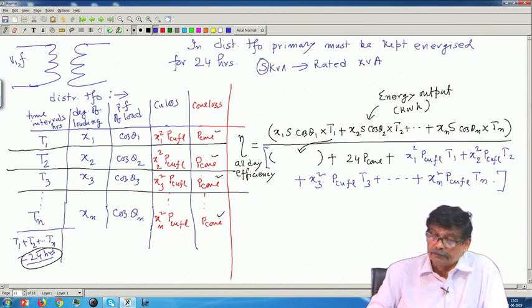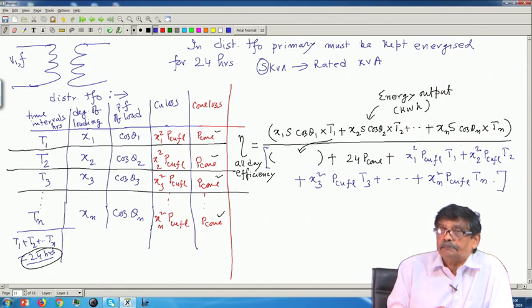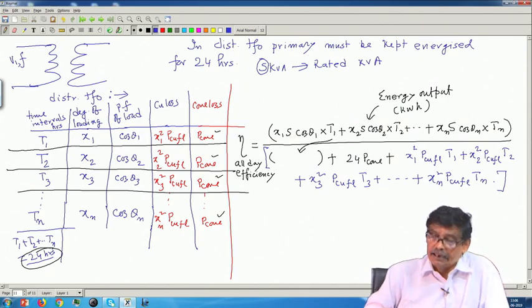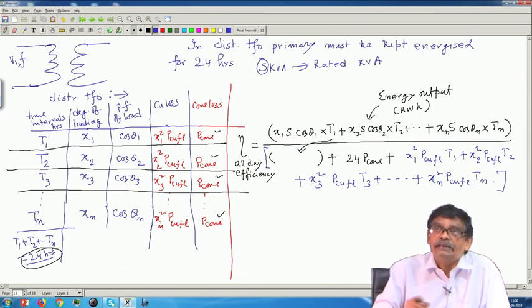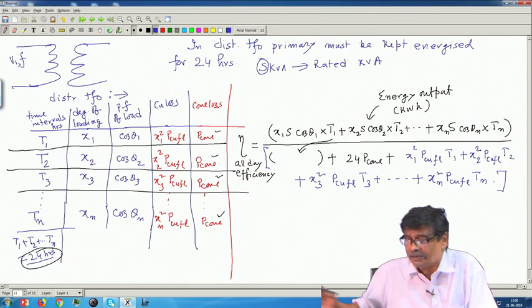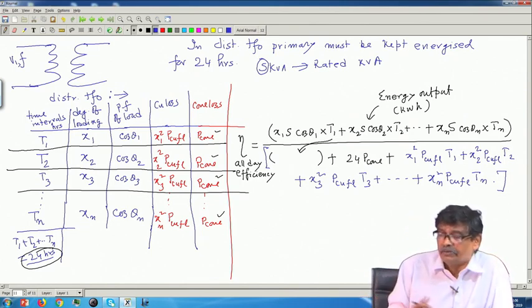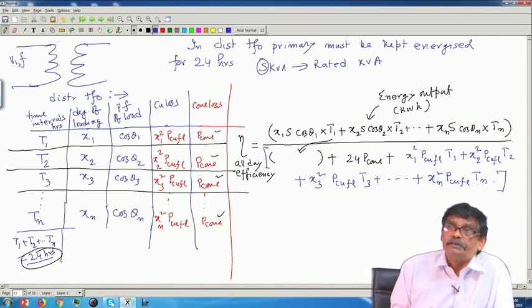So, this divided by this will give you the energy efficiency or all day efficiency of a transformer. And it is based on this number that, while purchasing a distribution transformer, you should tell the manufacturer, okay, this is my degree of loading pattern on the secondary of the transformer, and I would like to have energy efficiency of this much.